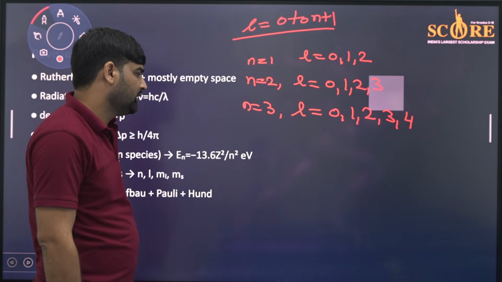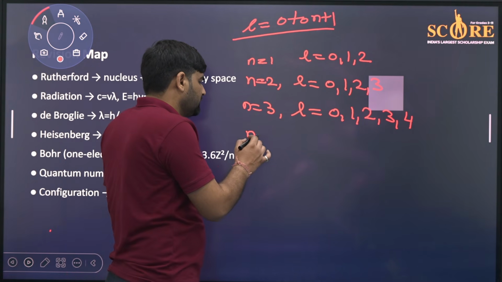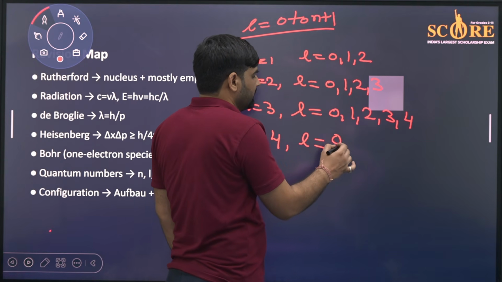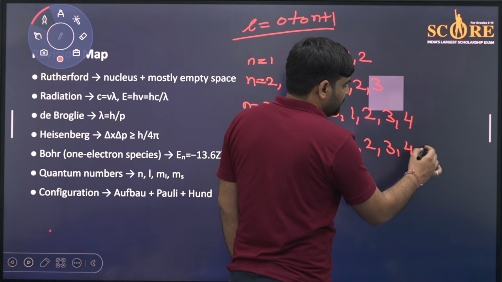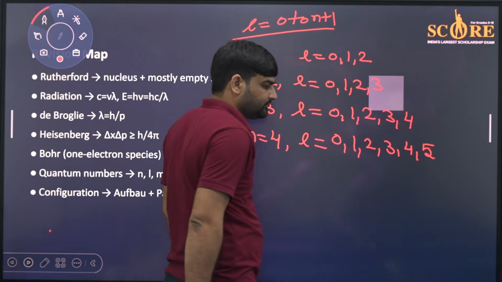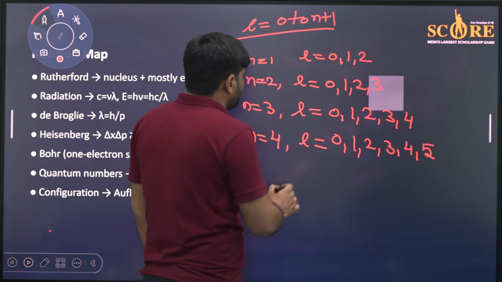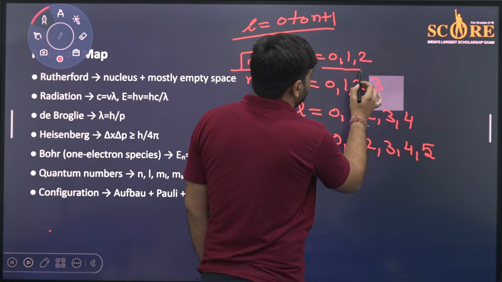Likewise, now I have to write the electronic configuration for selenium. For n equals 4, you can write 0, 1, 2, 3, 4, 5. So for n equals 1, there will be 1s, 1p and 1d.